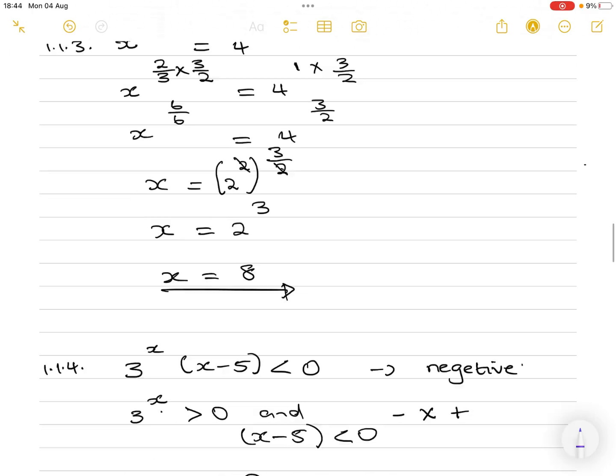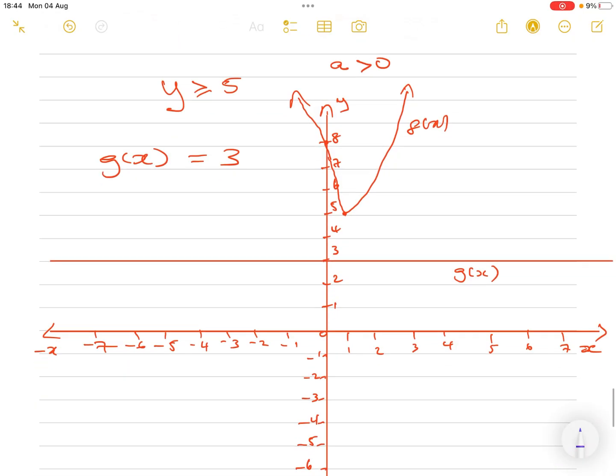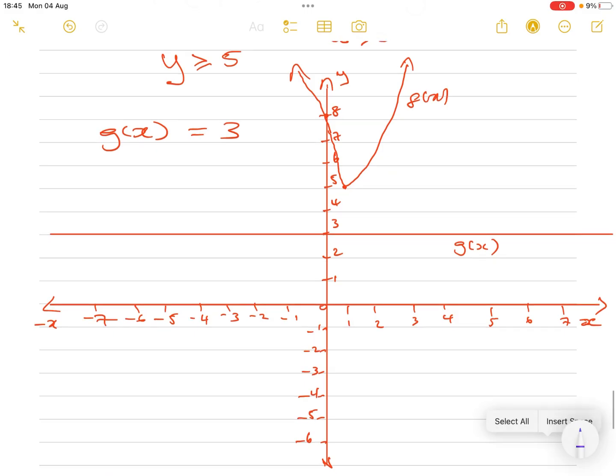Again, here there are two ways you can use visualization. If you look carefully here, you see that the range of f of x is greater than or equal to 5.